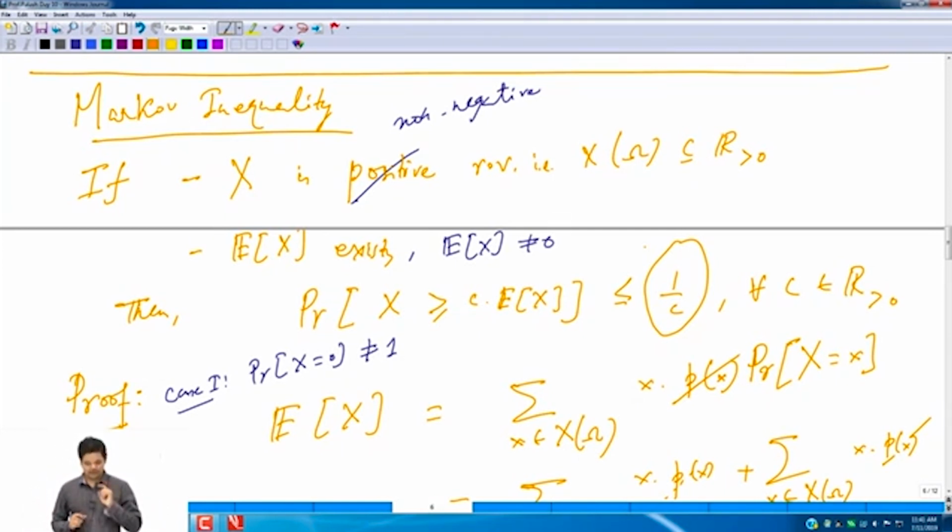Because I can give you an example of a random variable x which satisfies the two assumptions of the Markov inequality, and this inequality is actually equality. So if you could reduce it, then for that random variable x this theorem would not hold. Take it as an exercise to find an example of a random variable x for which this is tight.